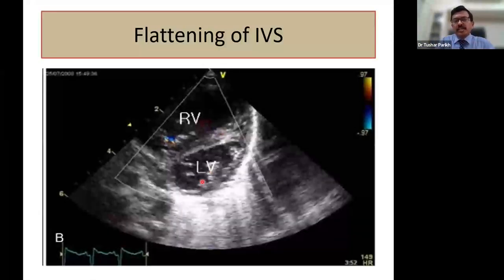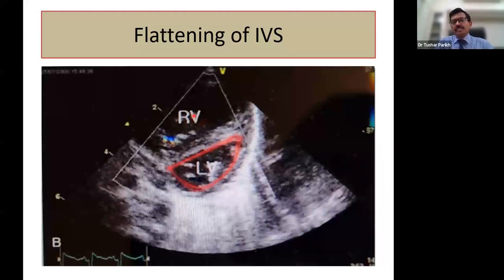Now suppose you are seeing a ventricle which is D-shaped. What has happened is the right ventricular pressure has increased, and the interventricular septum, rather than being spherical, is becoming flat, and you are getting a D shape like this. So this D-shaped ventricle tells you that the right-sided pressures are very high.